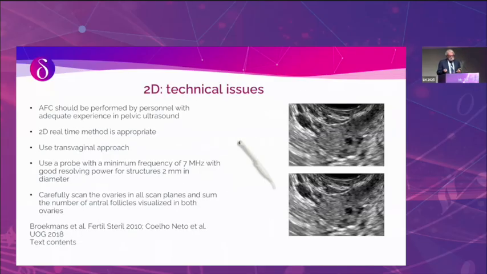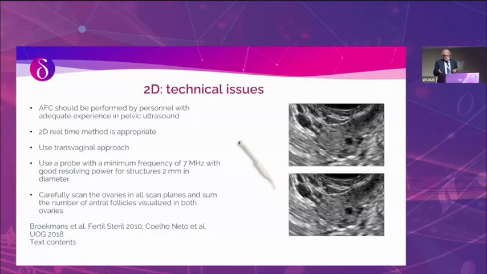Some very simple things to remember: it should be performed by people with some education. There is a learning curve, obviously, always using the transvaginal approach. The probe should be 7 megahertz, and you carefully scan the ovaries, starting from the left to the right, and spend time.